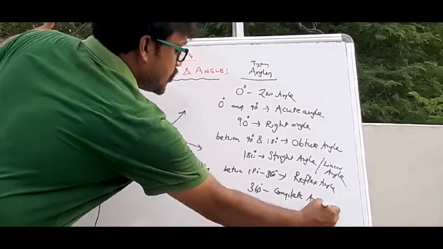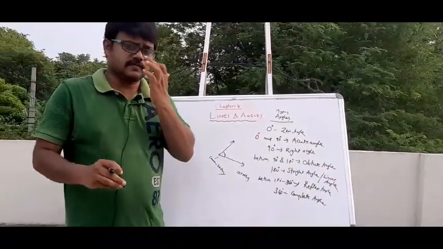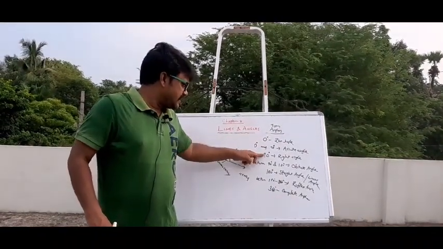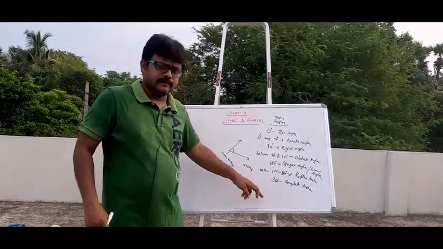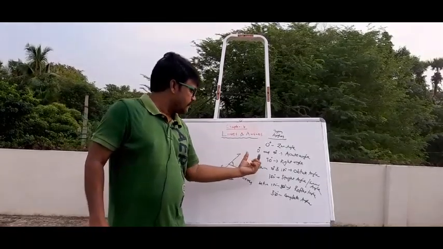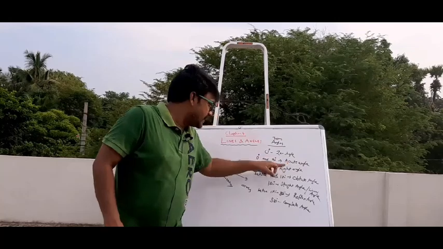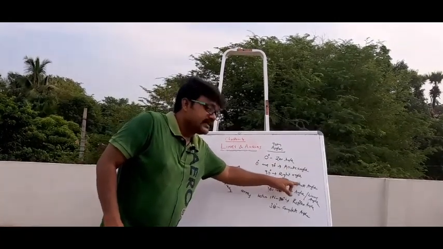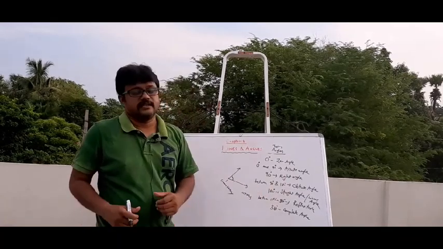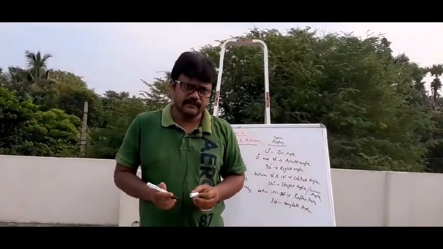So we have various names for the various measurements of angles. Zero angle, right angle, straight angle, complete angle are names for specific angles, and for ranges: between 0 and 90 it is acute angle, between 90 and 180 obtuse angle, and between 180 and 360 reflex angle. Remember all these names of the angles.